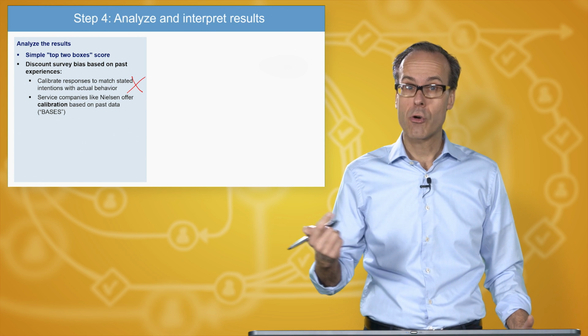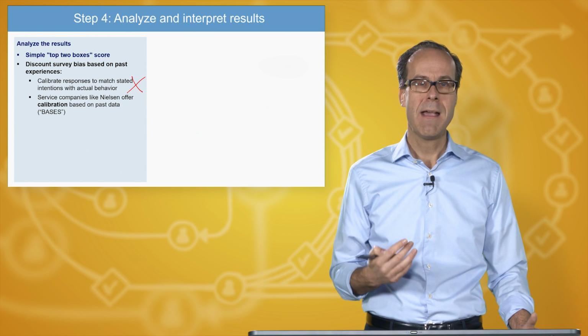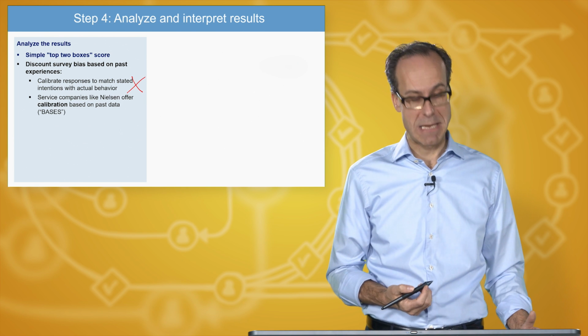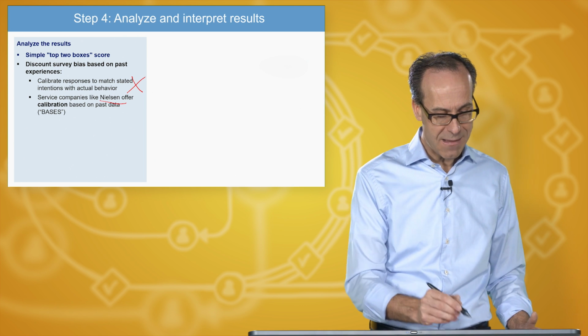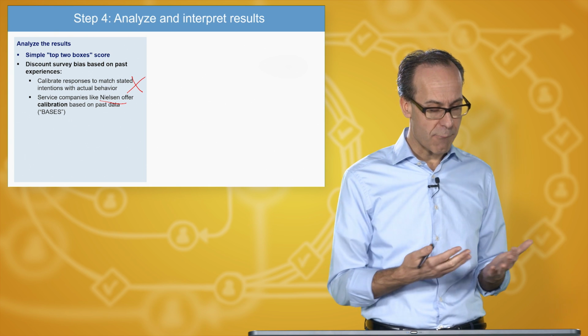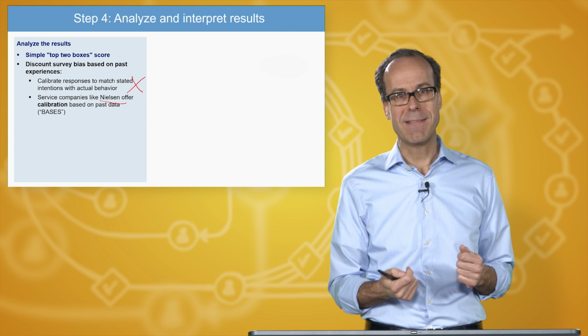If you're a big consumer goods company, or you operate in market segments where a lot of experience exists in the product category, you can go to market research companies like Nielsen, and they really offer calibration tools. A very famous one is BASES by Nielsen, based on past data.